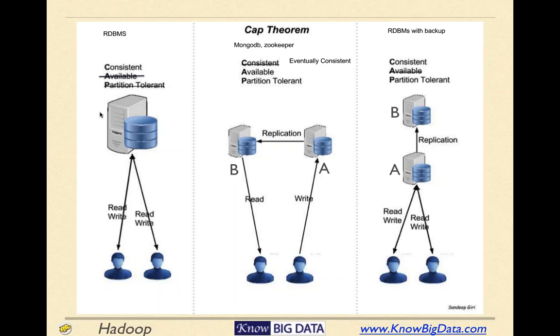Now the third diagram. The third diagram is interesting. There is one front which is accepting reads and writes, and there is a backup. And where did you see this kind of structure? Anybody?